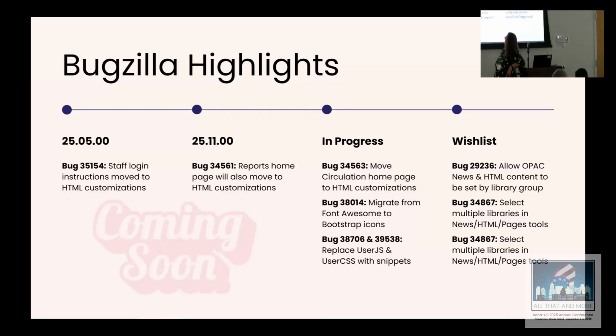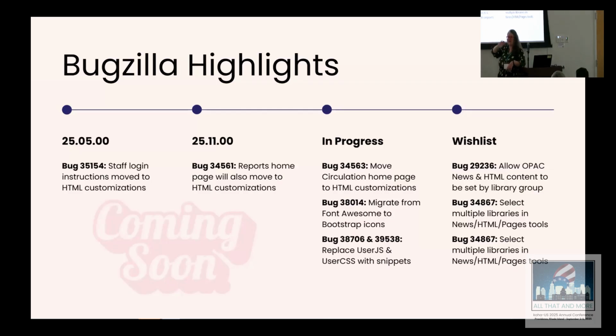The next thing, I saw Lizette's name on this one too, is the bug to replace user.js and user CSS with snippets. Right now, in your system preferences you go into IntranetUserJS and IntranetUserCSS, and you can have a whole bunch of jQuery code that you've written to edit things.